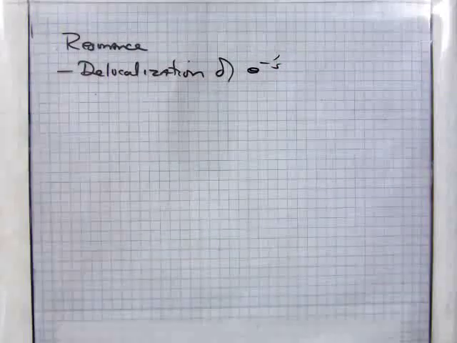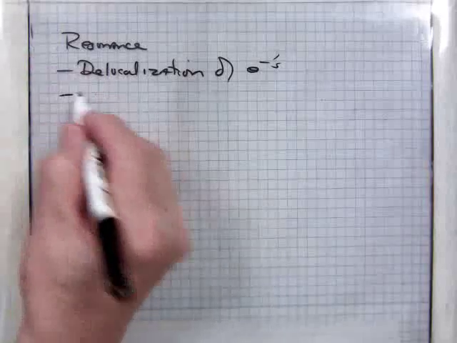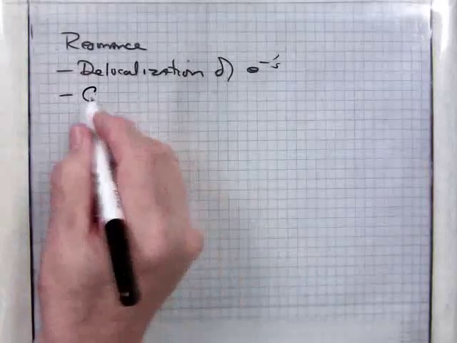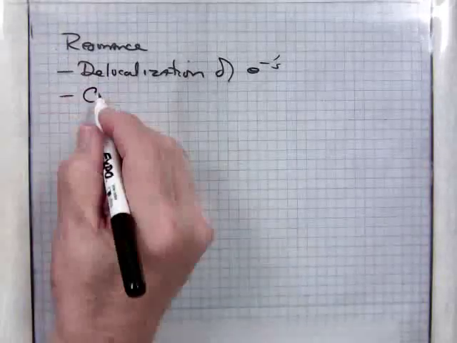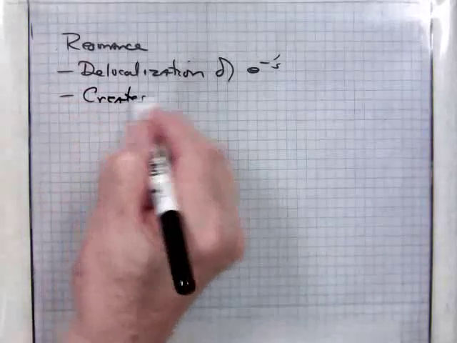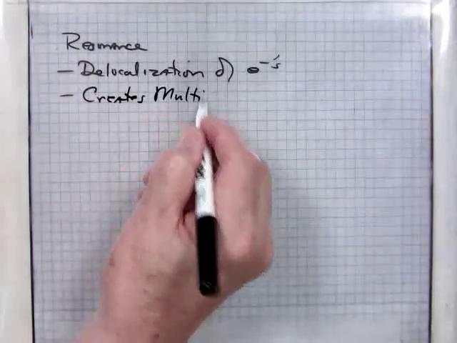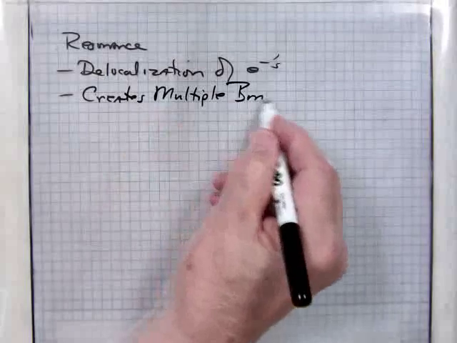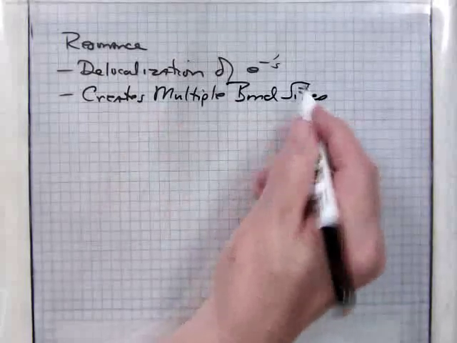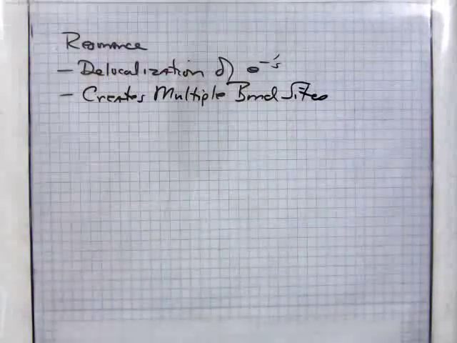Across the entire molecule, it creates multiple bond sites in the chemical reaction. Because you have this negative charge smeared over the entire molecule.